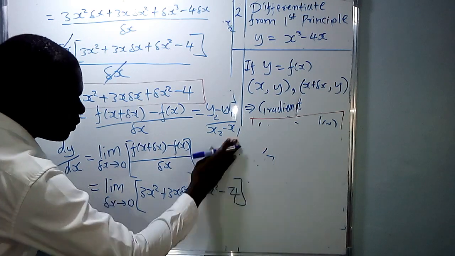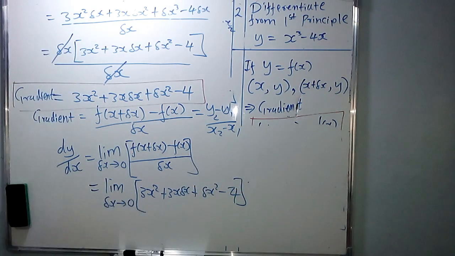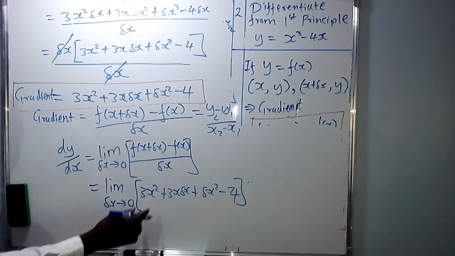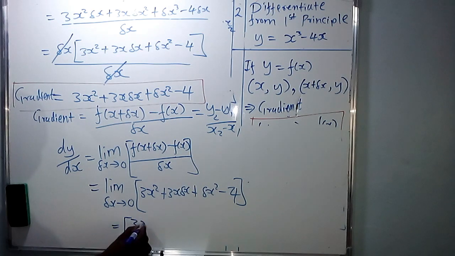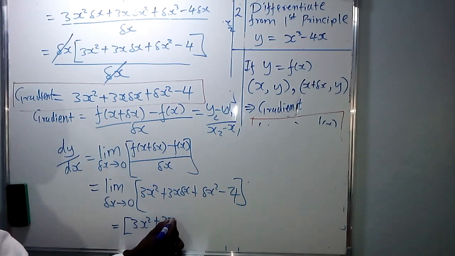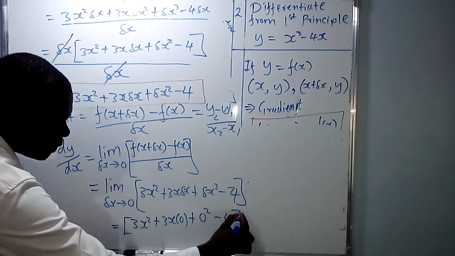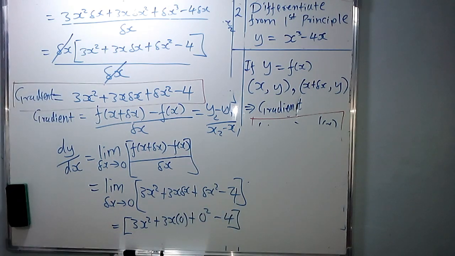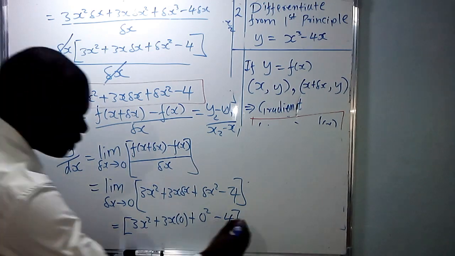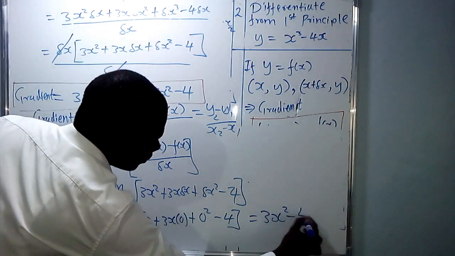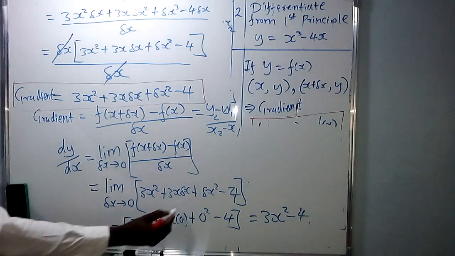Now to get rid of the limit where there is change in x, you put 0. If you put 0, what do you remain with? 3x squared plus 0 minus 4, because change in x is 0, so 0 times anything is 0, 0 squared is 0. So you remain with 3x squared minus 4.